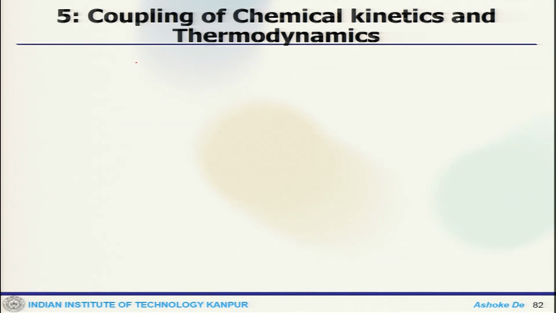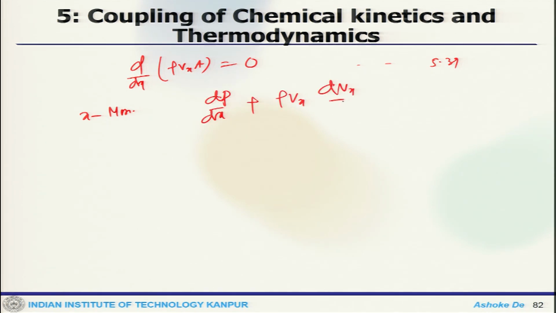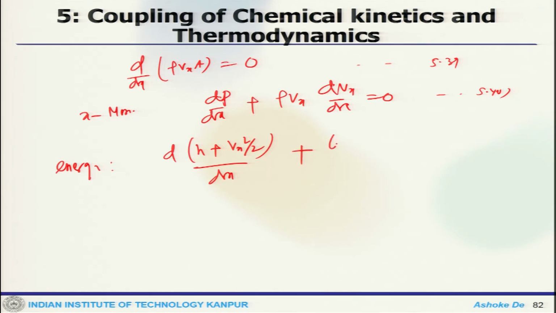Now, mass conservation gives d by dx of rho Vx A equals 0, that is your 5.39. Then the x momentum equation gives dp by dx plus rho Vx dVx by dx equals 0, and then energy gives d by dx of h plus Vx square by 2, plus q dot P by m dot equals 0.